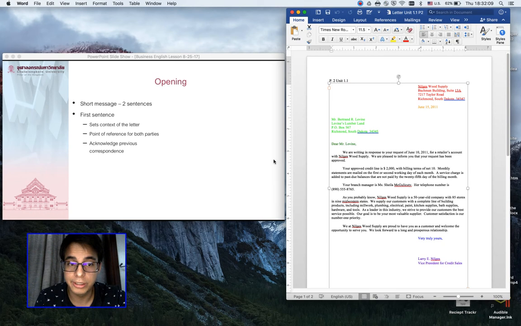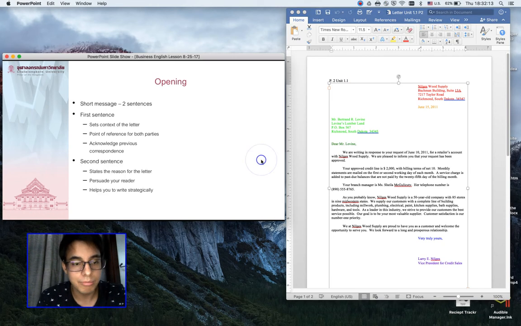That's our first sentence that sets the context. The second sentence states the reason for the letter and tries to persuade the reader, and it really helps you to write strategically. This is sort of like the thesis statement of the business letter, and it helps you to line out what exactly you need to have for the rest of the letter.